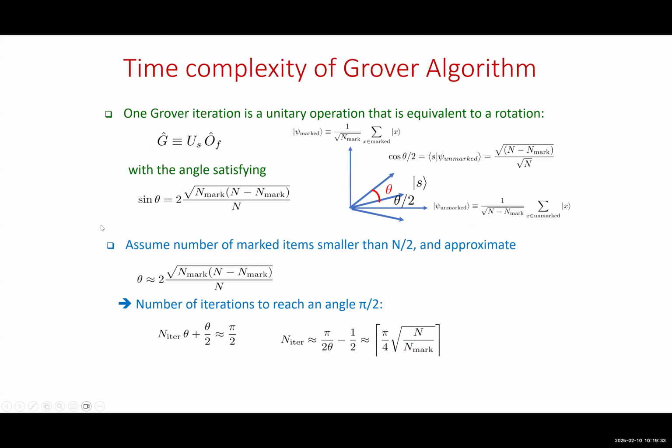From here, the rest is algebra: how many steps you need to get to this vertical direction. It's only a special case that you hit pi over 2; sometimes you overshoot or undershoot a little bit, which is fine. If you get close to vertical, you just measure, and there is a high probability that if you repeat a few times, you get that.